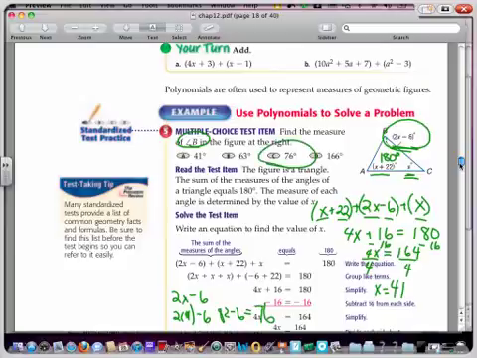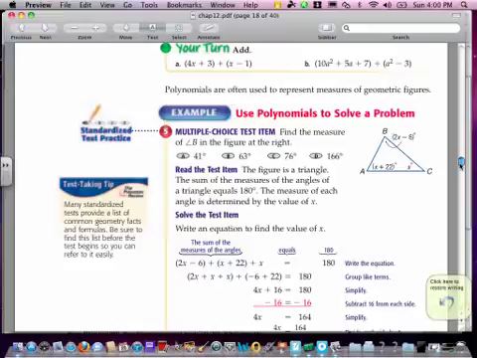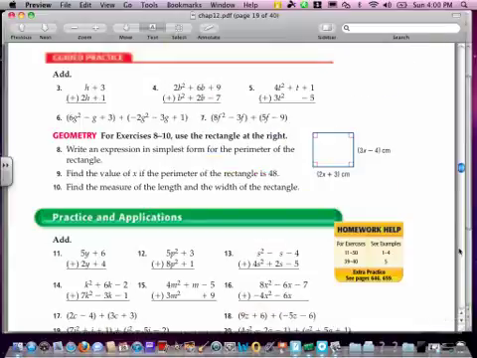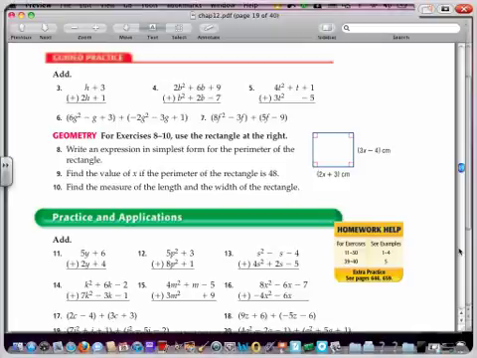So there's my answer. All right, so there you go. What I would like you to do, because these just take a little bit of practice too, let's go ahead and do 3 and 6.